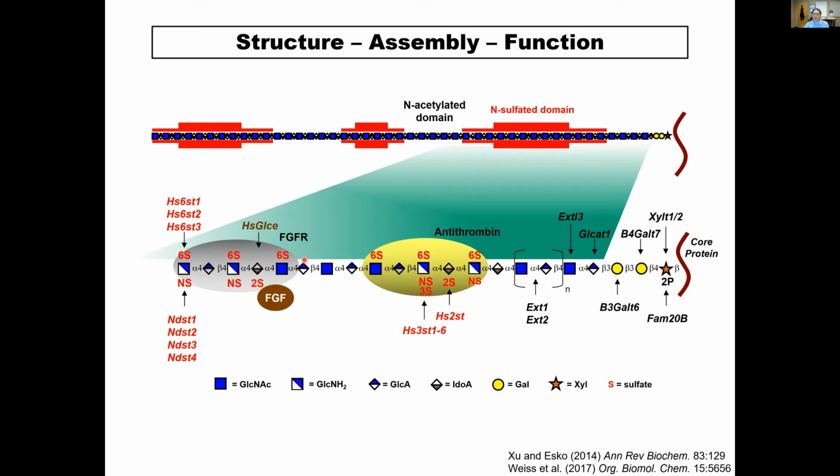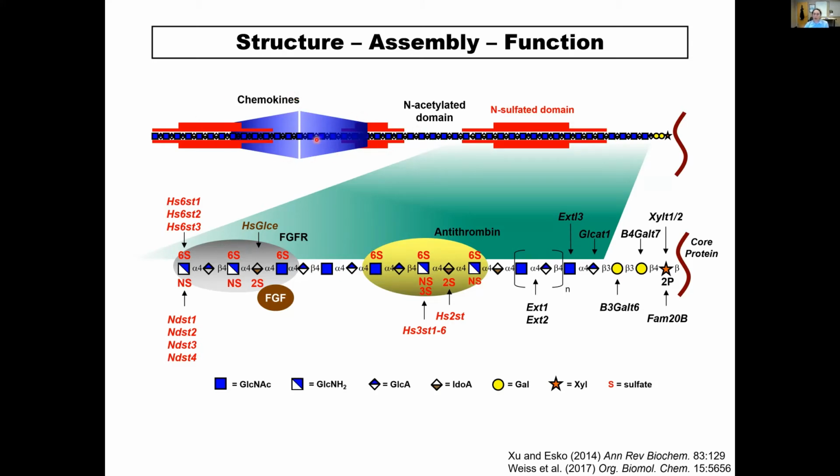And also FGF receptors on the cell surface will also interact with heparan sulfate. And interestingly, heparan sulfate has been found to help form a complex between all of these different proteins. And this is essential for cell signaling and development, for instance, during stem cell differentiation, as well as normal cellular growth and proliferation.